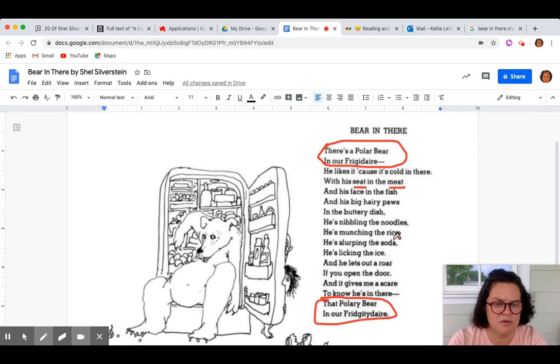Here are two that actually rhyme at the end: rice and ice. Do you see some? Yeah, at the end too: roar and door. And the next one too: scare and air. And this poem definitely had a beat or a rhythm to it.